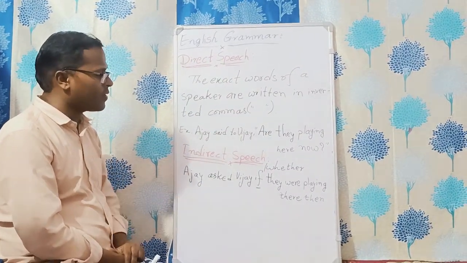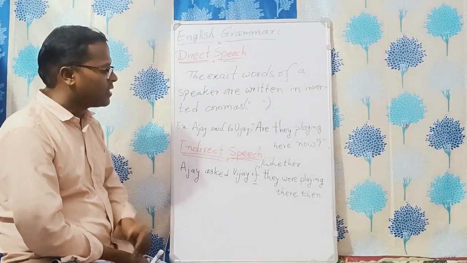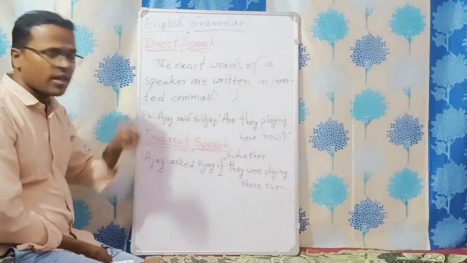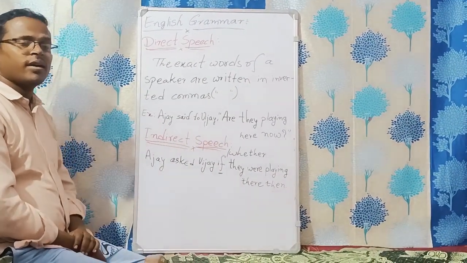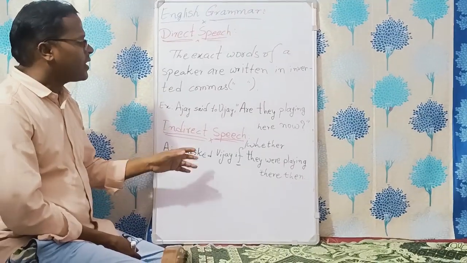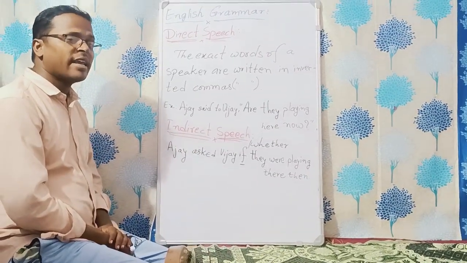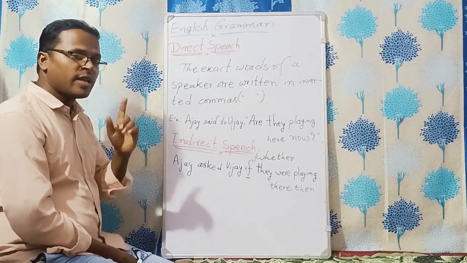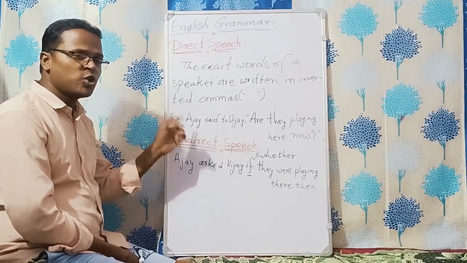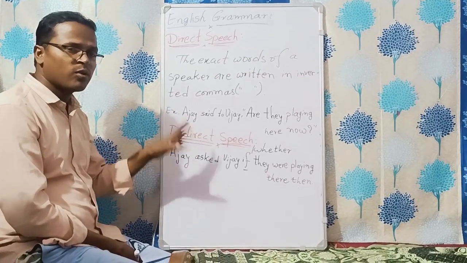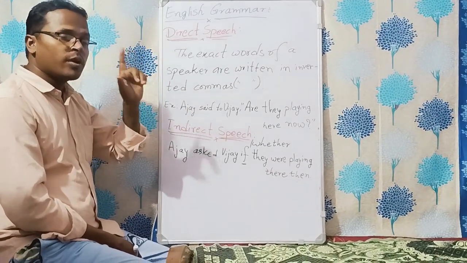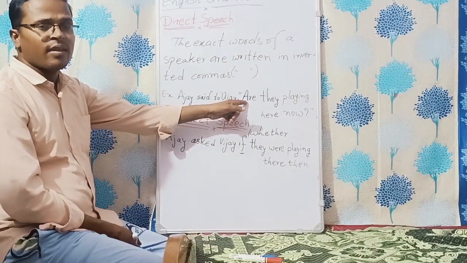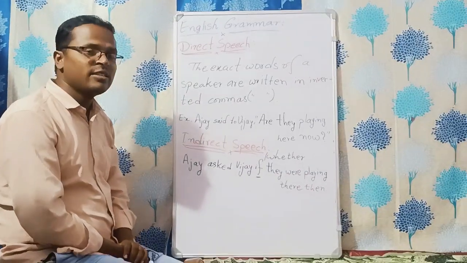In the two cases you have identified the difference: in the declarative sentence we use 'that', and here we are using 'if'. I think you got an idea to learn direct and indirect speech. When you want to change direct speech to indirect speech you have to remember two points, especially identifying the sentence and changing the tenses.